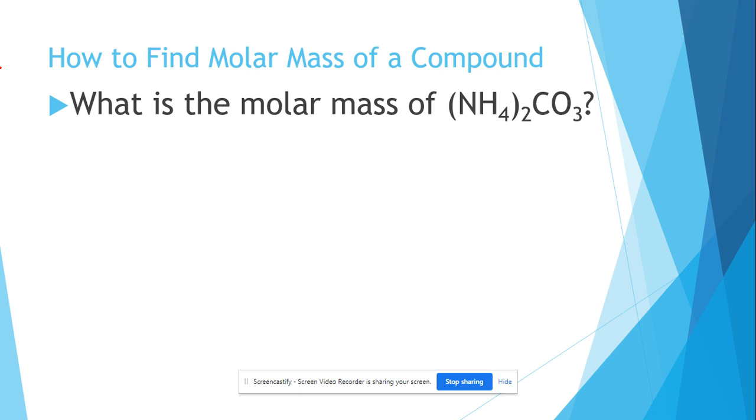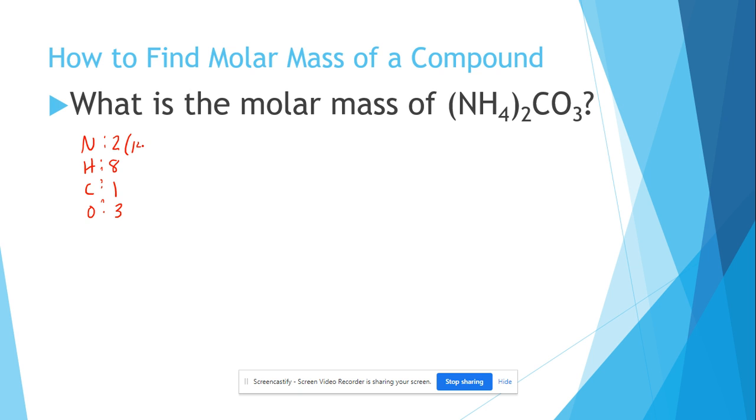Now let's see if you guys got the correct answer. Here we have 4 elements: nitrogen, hydrogen, carbon, and oxygen. You have 2 nitrogen, 8 hydrogen, 1 carbon, and 3 oxygen.